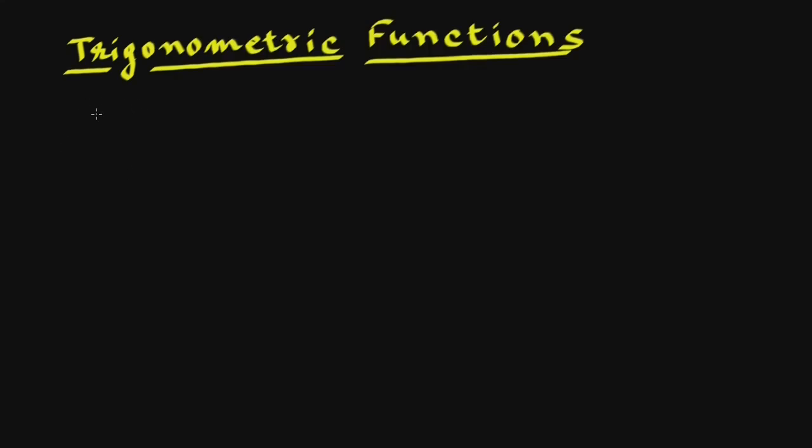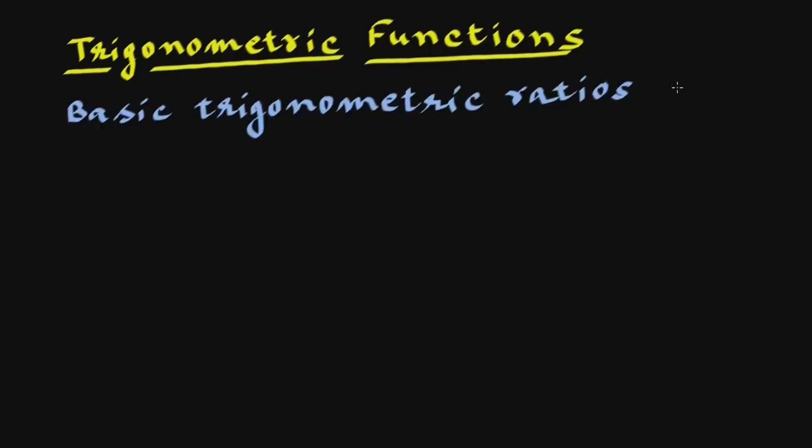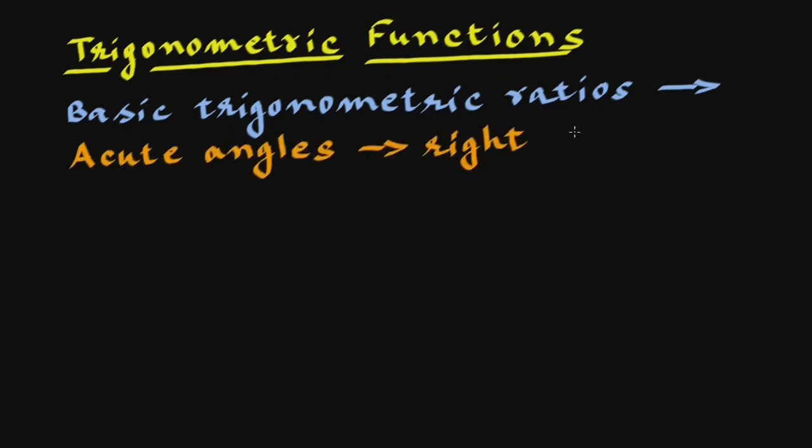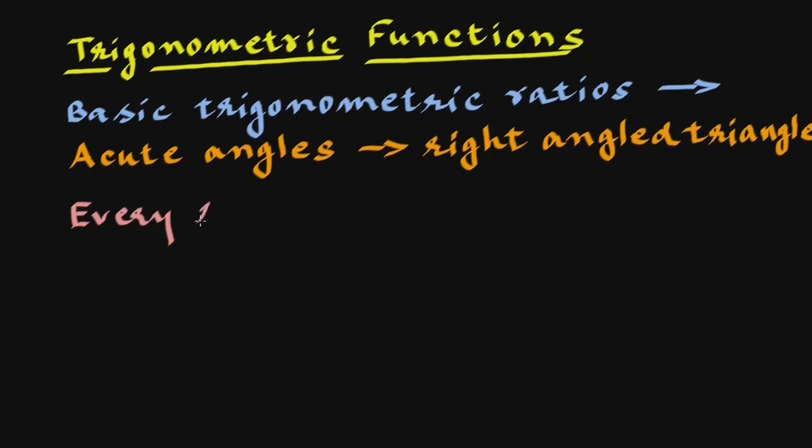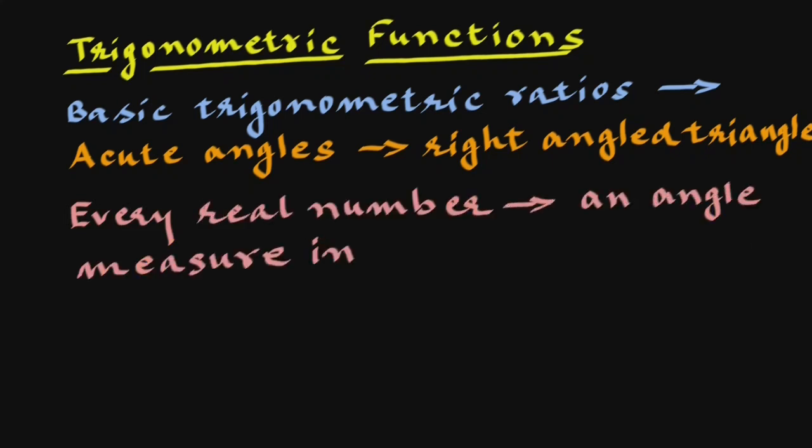In this video, we are going to study trigonometric functions. We know that basic trigonometric ratios are defined for acute angles in a right-angled triangle. But we know that every real number corresponds to an angle measure in radian.